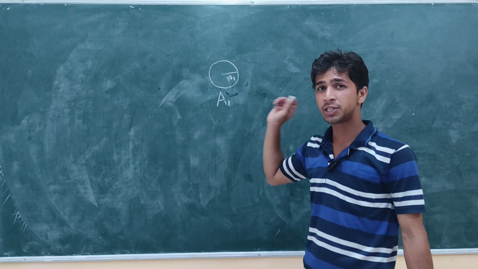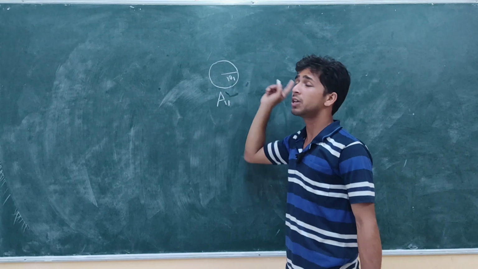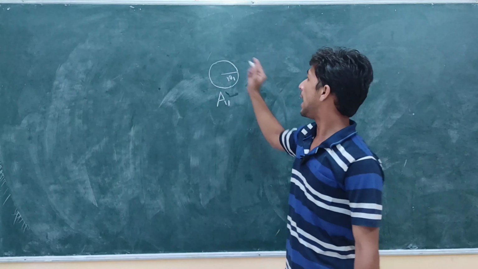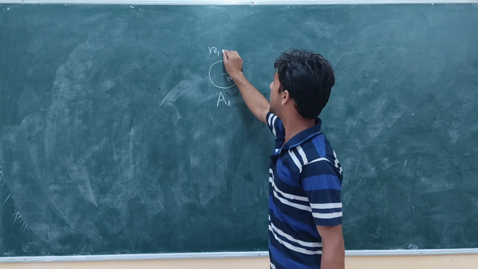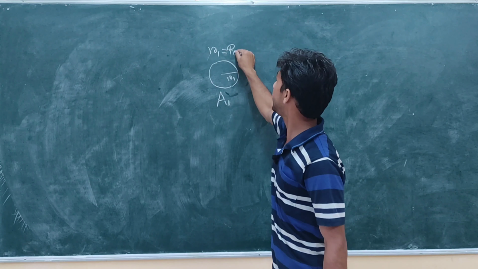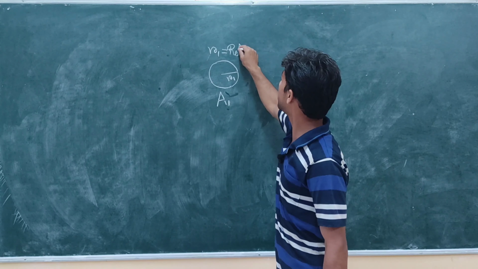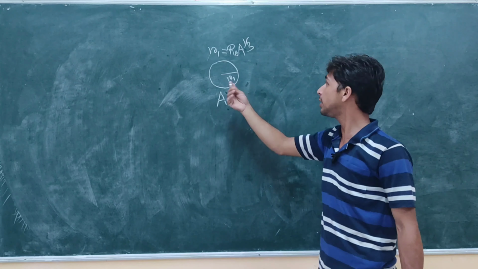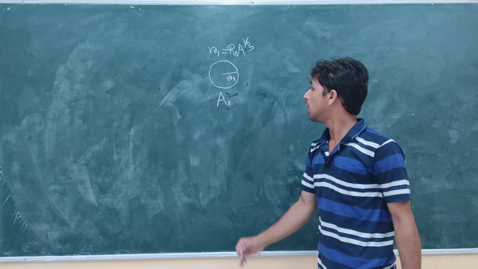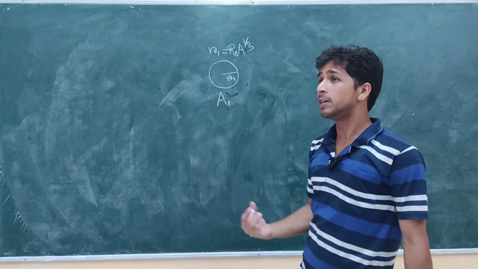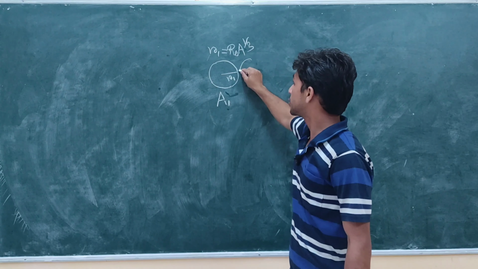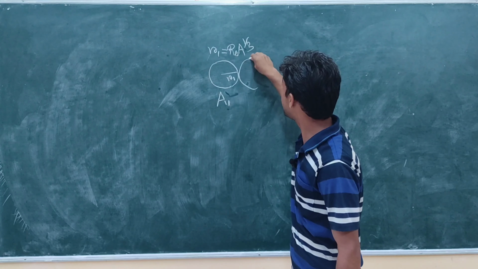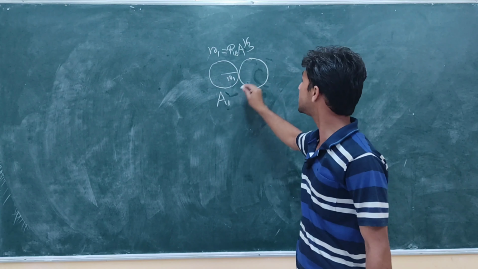It is a spherically symmetric object having radius r1, and this r1 can be written as r0 A1 to the power 1/3. That formula you may have learned in a basic physics class.